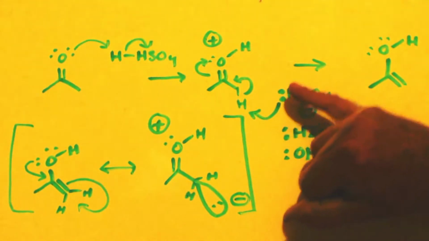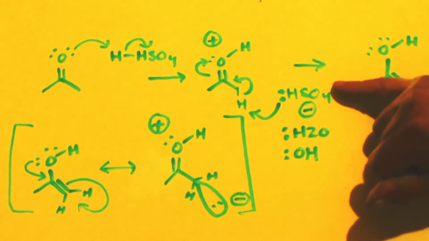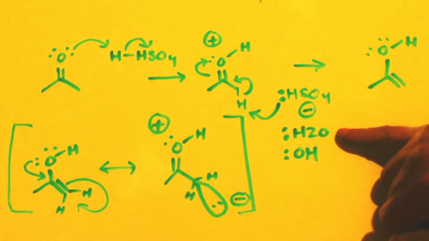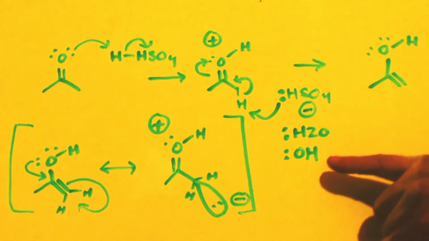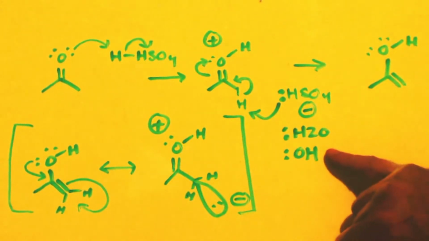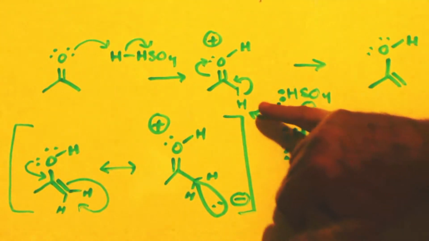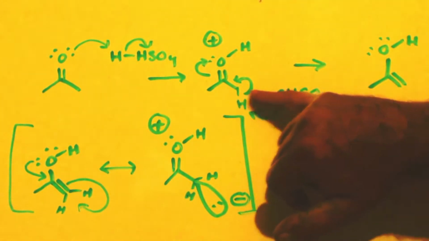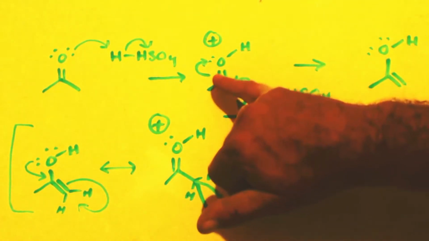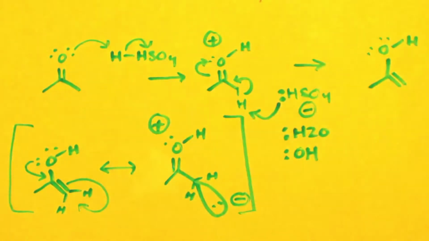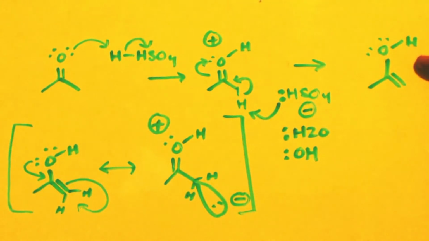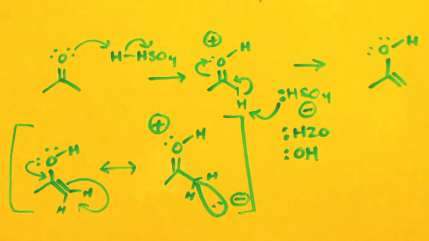So you need a mild base, like the hydrogen sulfate anion, or the water that's in there a little bit, or even an OH, because water ionizes, right? Any of those lone pairs can come and grab the hydrogen, the electrons fall in to make the double bond, and this double bond goes up onto the oxygen. You end up with your enol, okay?